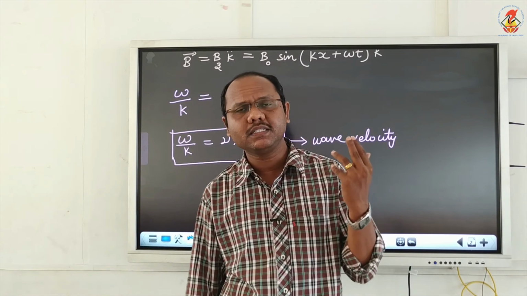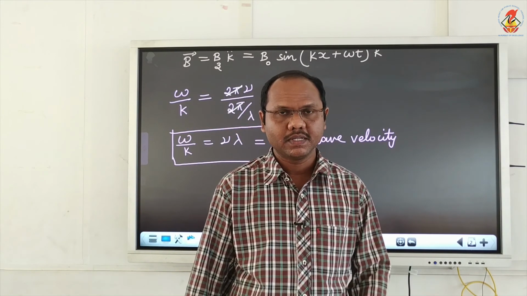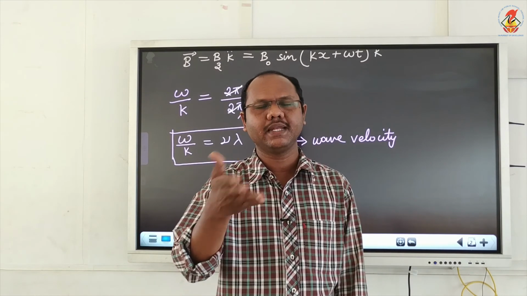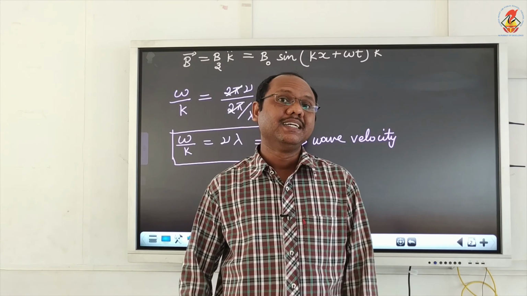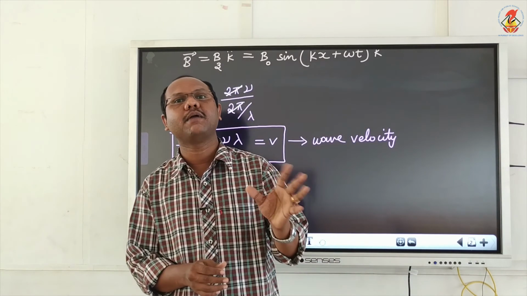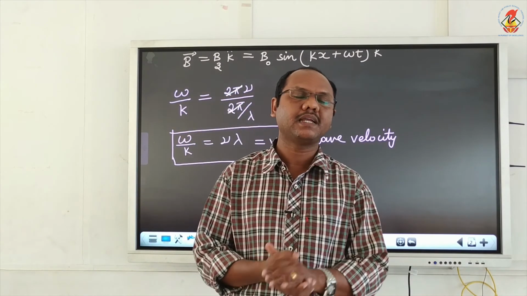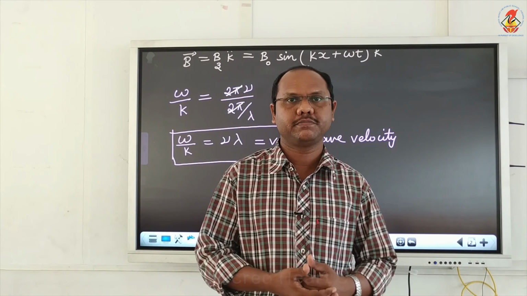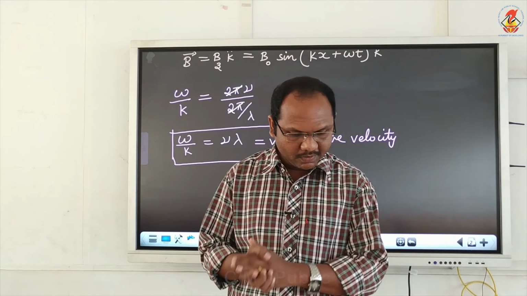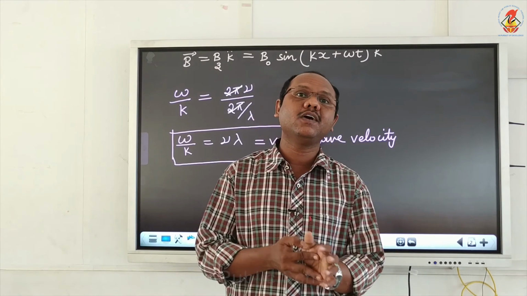Now, what are the sources of electromagnetic waves? The first source is the accelerating or oscillating charge, as we discussed now. The second source is an oscillating electric dipole. That is what we commonly use. And the third one is the LC oscillator.